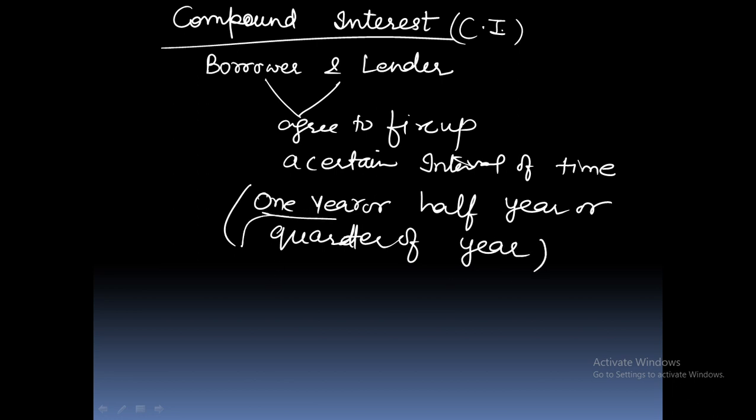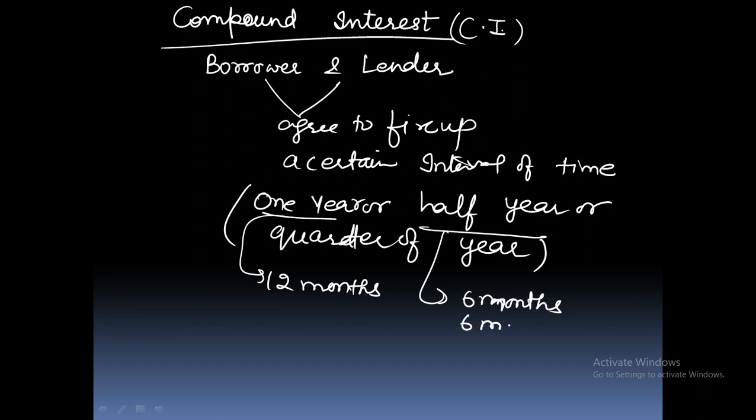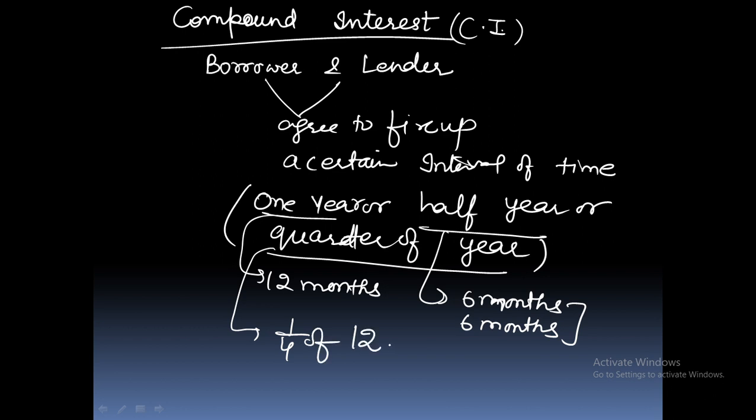In 1 year, there are 12 months. Half year means 6 months, 2 times, 6 months and 6 months. And quarter of a year means 1/4 of 12, that is 3 months.